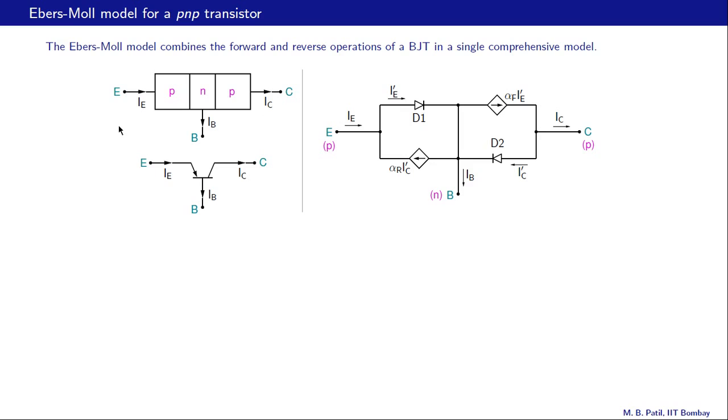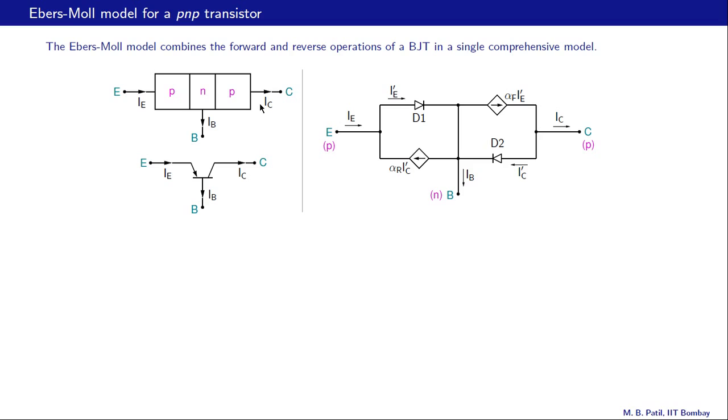An easy way to remember these directions is to connect these directions with the BJT in the active mode. And what do we have in the active mode? We have the emitter base junction forward biased and the base collector junction reverse biased. Now if this junction is forward biased, then the current that will flow would be in that direction, and that is the same direction as the emitter current here as well as here.